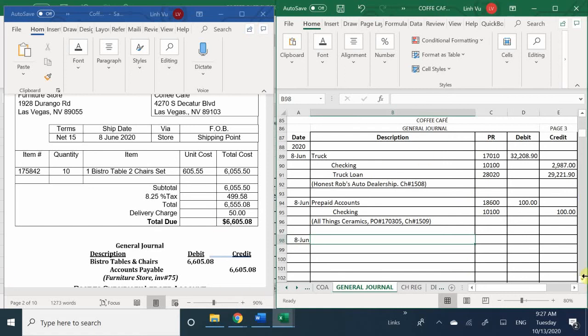My account is going to be bistro, tables, and chairs for 13, did you say 10? Yes. 13010, good. Okay, and it's going to be for the grand total amount because we only have one item.